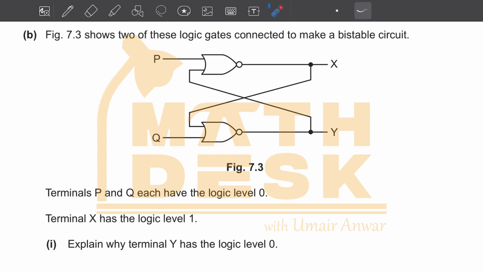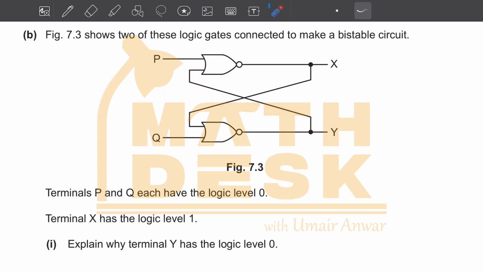The output of this first NOR gate is again input at the second NOR gate, and the output of the second NOR gate is again input to the first one. The output of the first is called X, which becomes an input for the second one. The output for the second becomes Y, and it becomes an input for the first one, or the upper one.